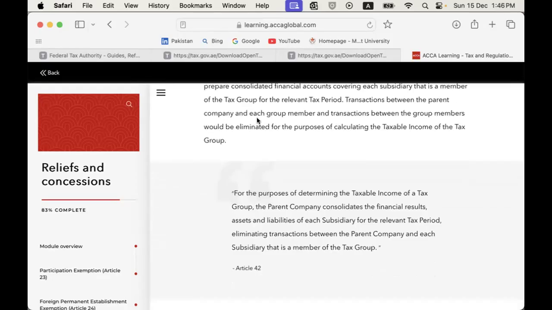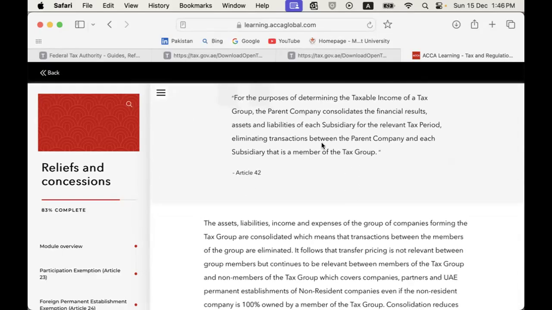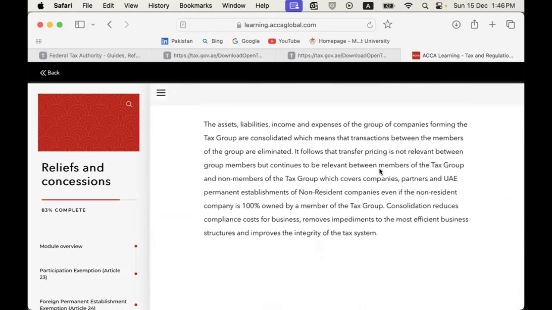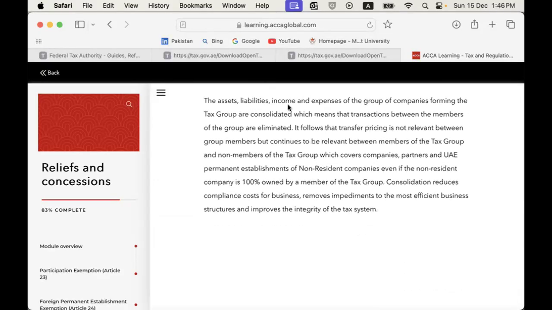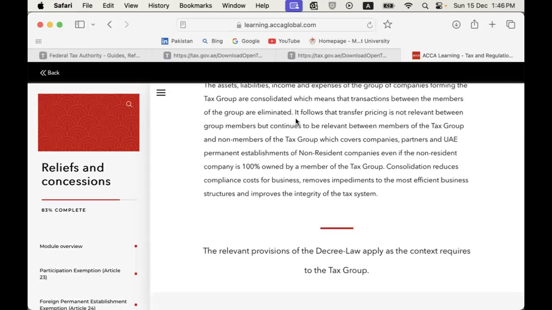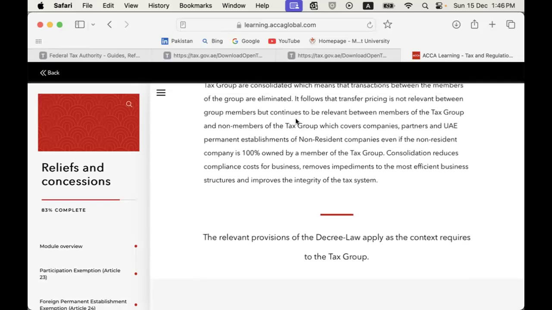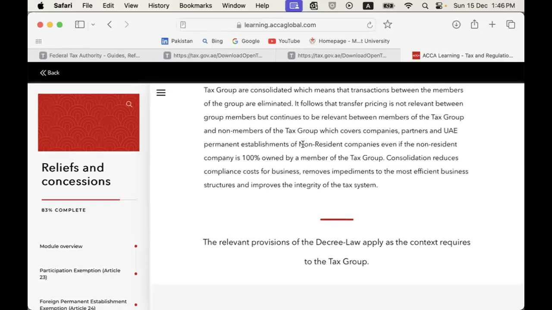Transactions between the parent company and group companies, intra-group transactions, shall be eliminated. So for the purpose of determining the taxable income of a tax group, the parent company consolidates. The assets, liabilities, income, and expenses of the group are consolidated, which means the transactions between the members are eliminated. What else is there?